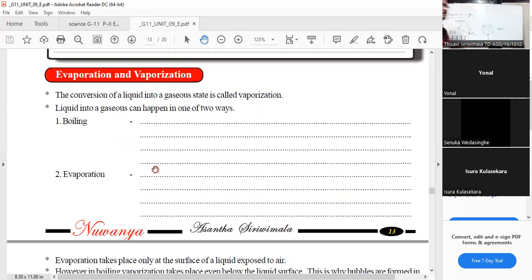This takes place below the boiling point of water.